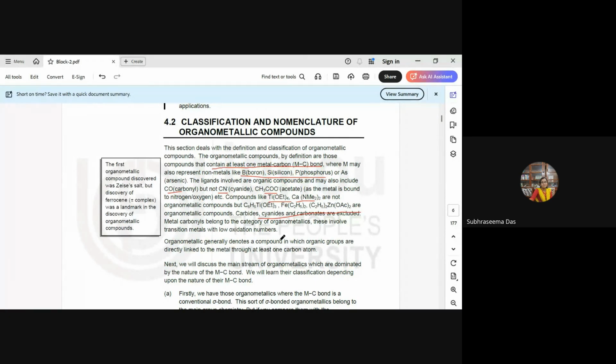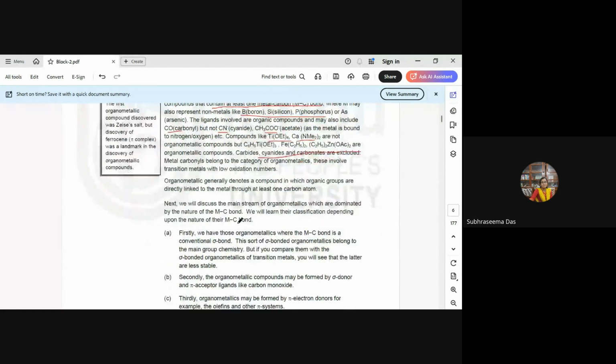Metal carbonyls are a special class of organometallic chemistry, and they involve transition metal chemistry. Organometallic generally denotes a compound in which organic groups are directly linked to the metal through at least one carbon bond. That is, there should be at least one metal to carbon bond in the complexes.